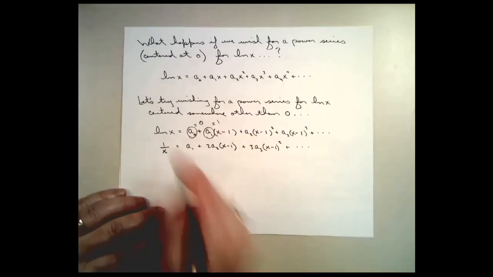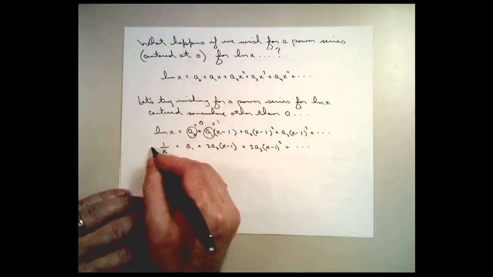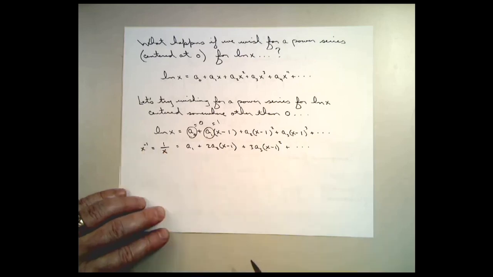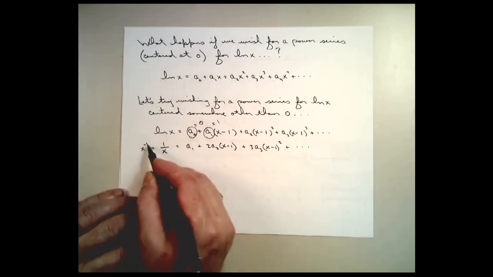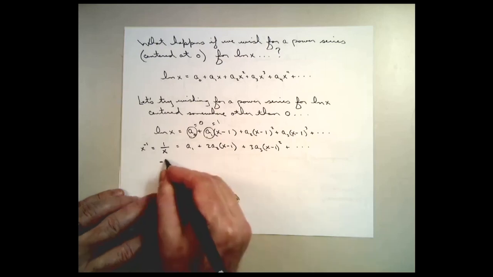Let's do it again. Let's take the derivative of 1 over x. Let's write it this way so that we can think about the derivative a little bit more easily. So the derivative is going to be negative x to the negative second. So that's going to be negative 1 over x squared.